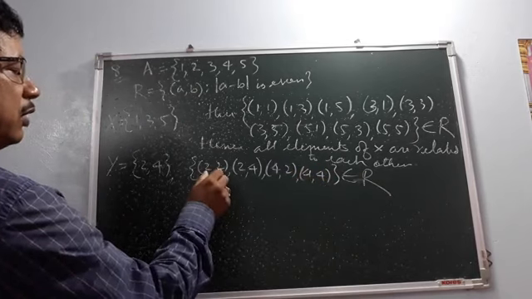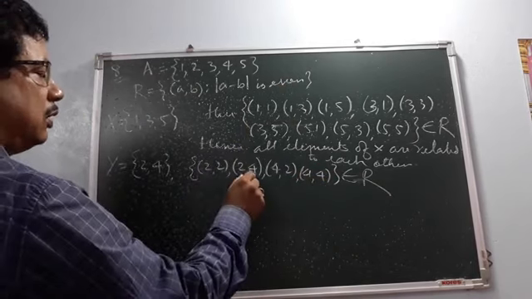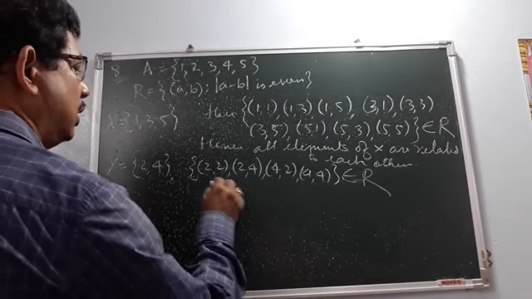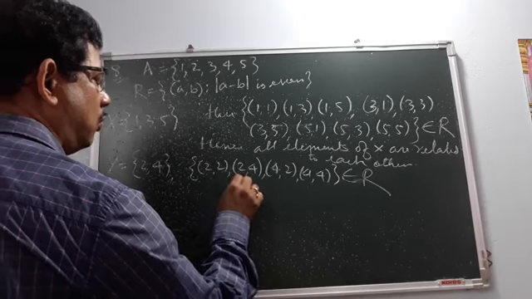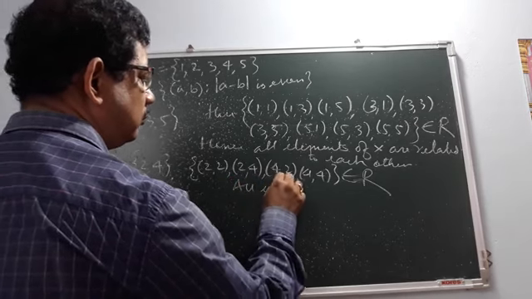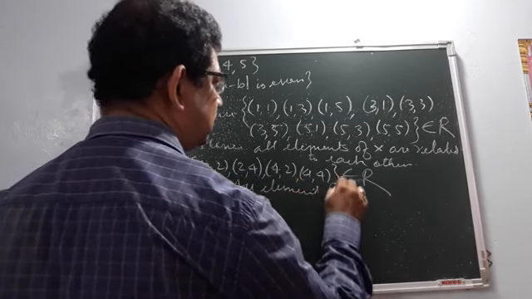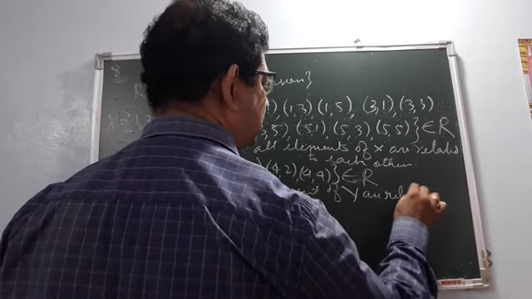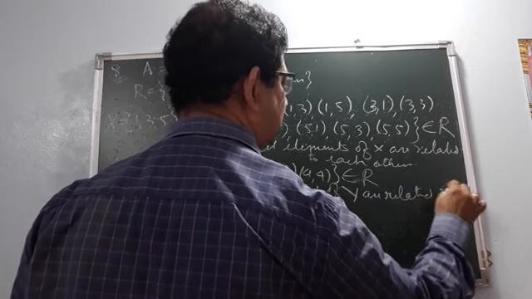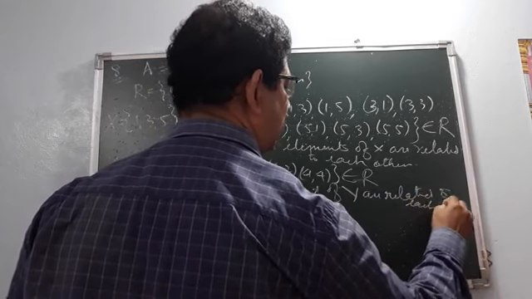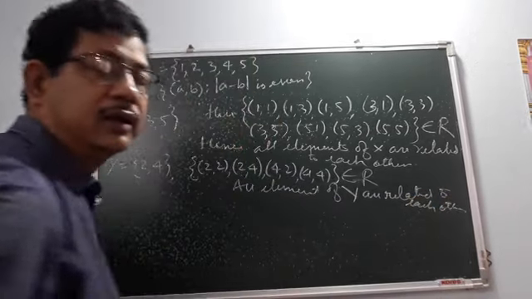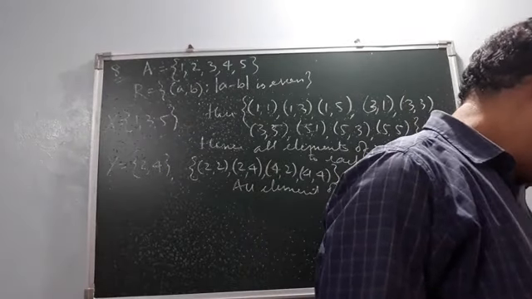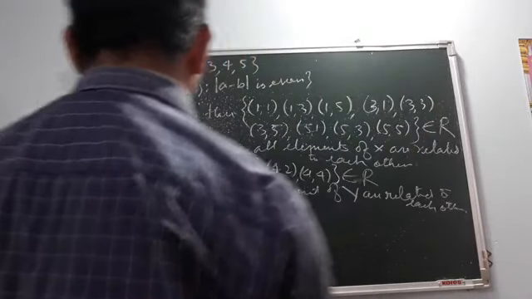And difference you find 2 minus 2 is 0, even, 2 minus 4 even, so everything even. So here also, therefore all elements of Y are related to each other.